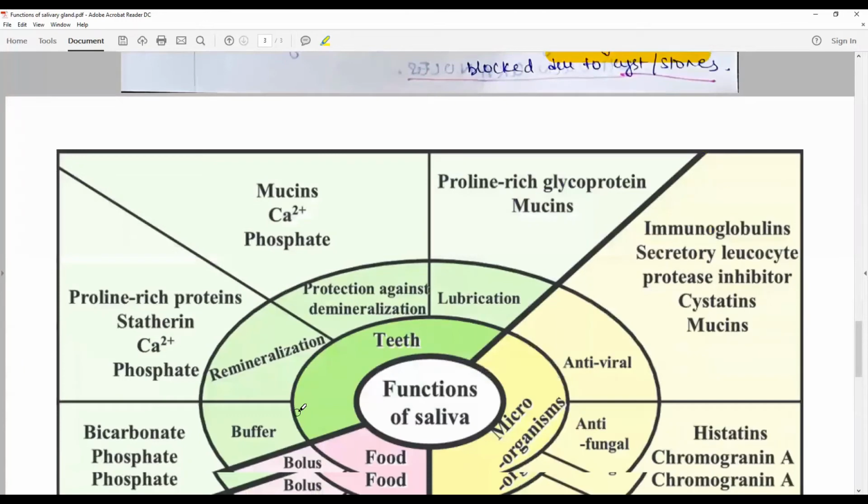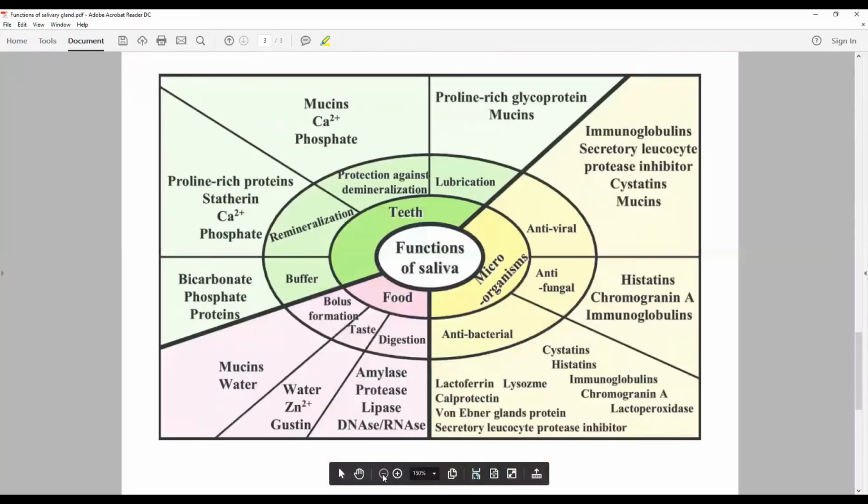To give an overview, we will see what are the functions of saliva. We have functions of saliva under major categories: effect on microorganisms, which could be antiviral, antifungal, or antibacterial. Antiviral: we have immunoglobulins, secretory leukocyte protease inhibitors, cystatins, and mucins.